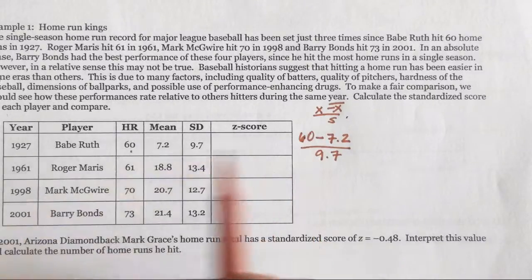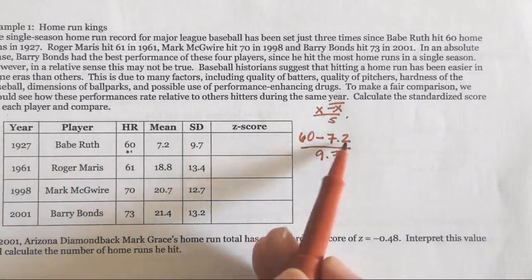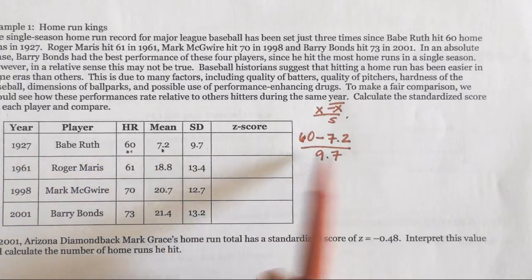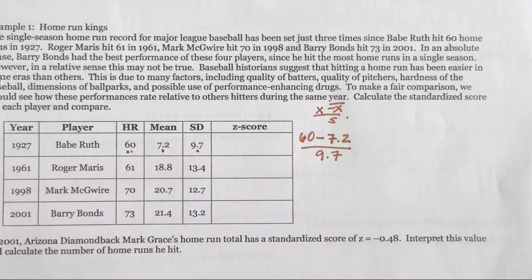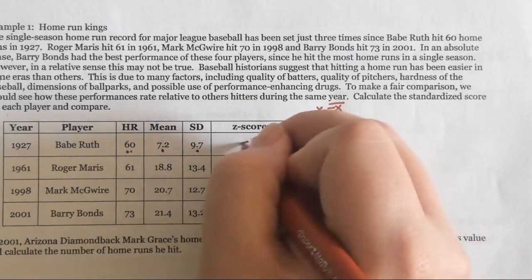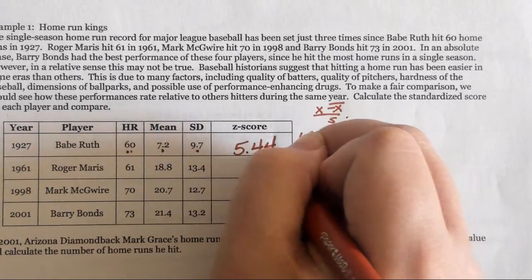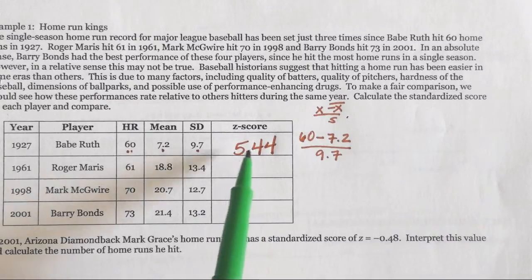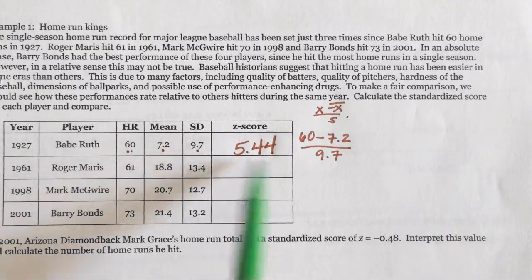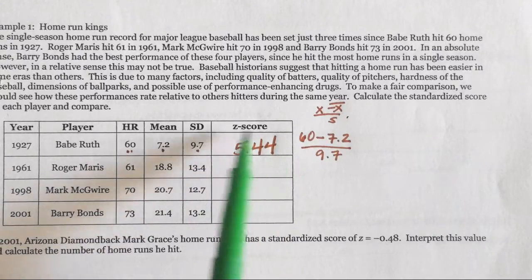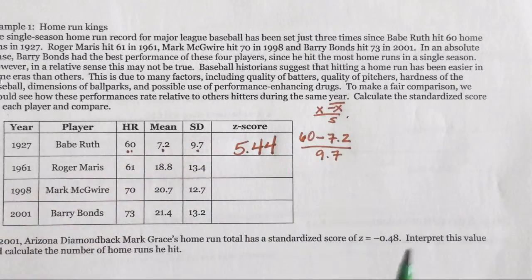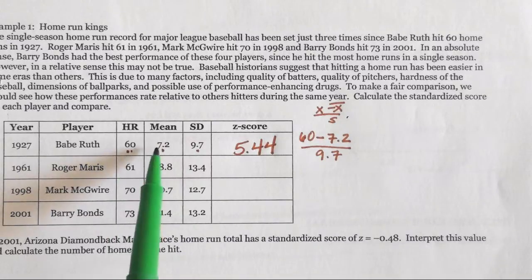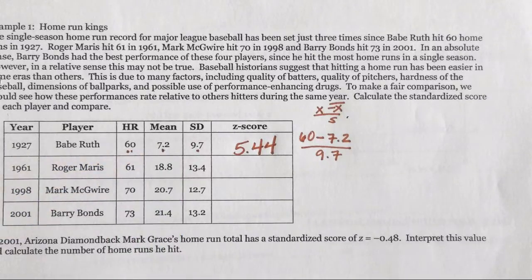We did x, the sample, minus x bar, the mean, all divided by the standard deviation. 5.44. Again, this number is telling us the number of standard deviations we are away from the mean. And that's a really big number, and that makes sense because 60 is super far away from 7.2. So that kind of makes natural sense.